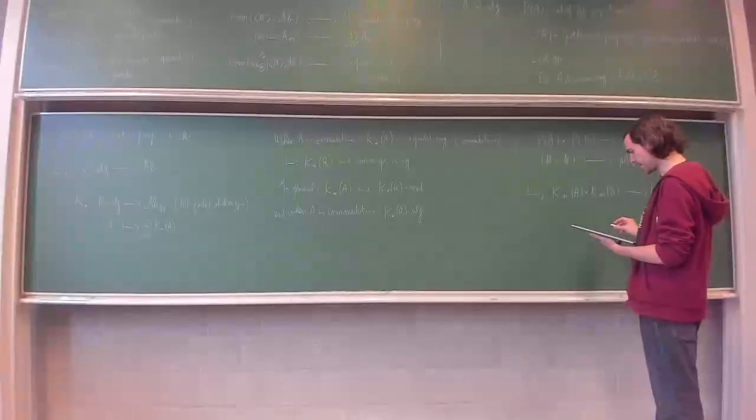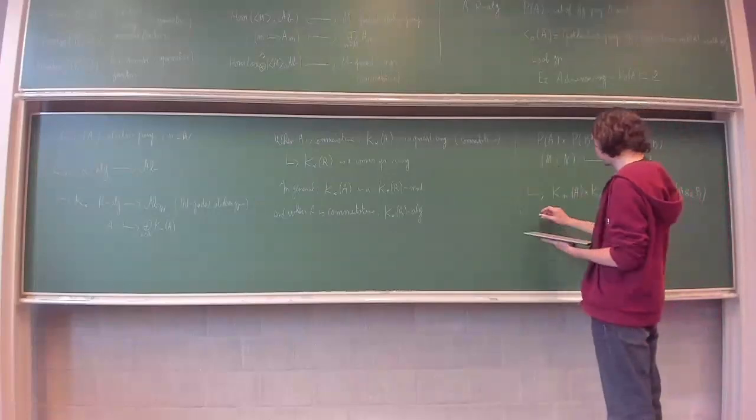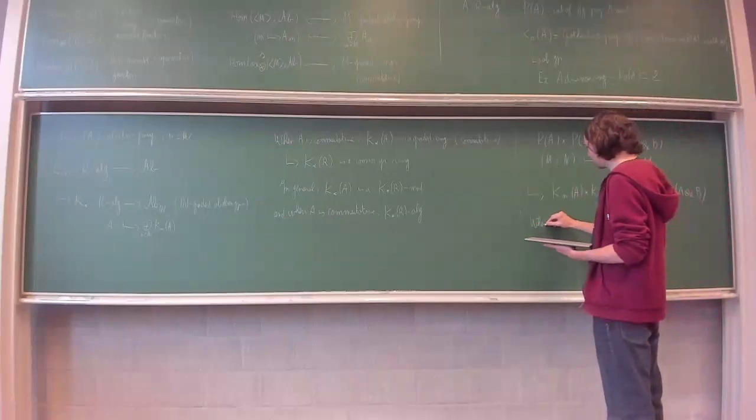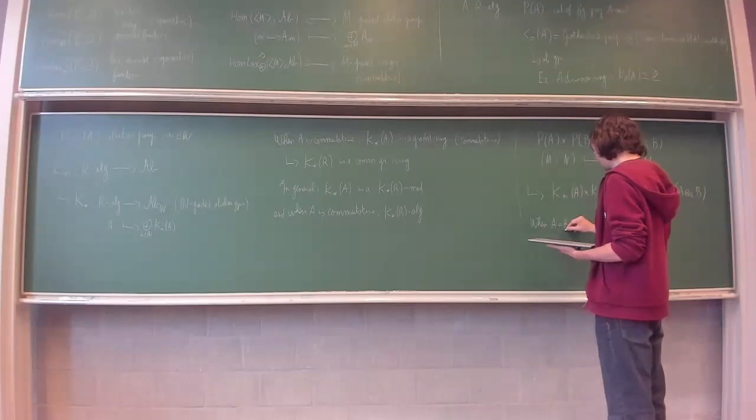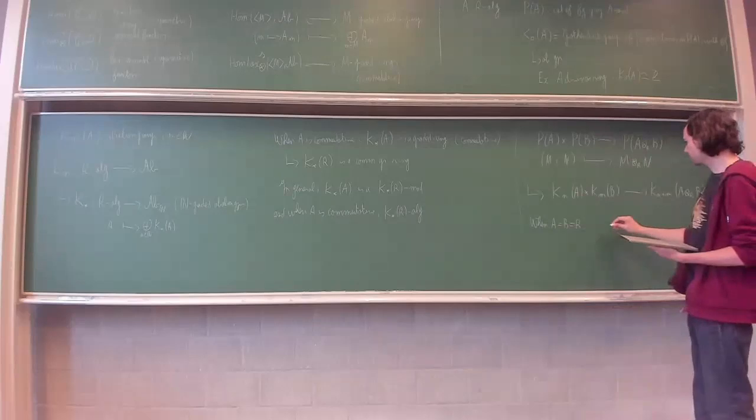So why does that imply that we have a ring structure? For instance, let's say that A equals B equals R. In that case, what happens?